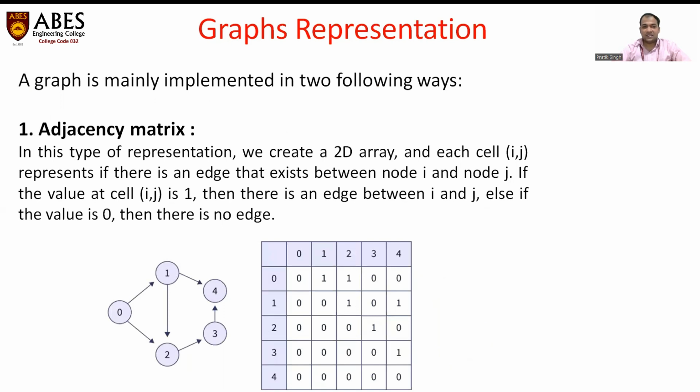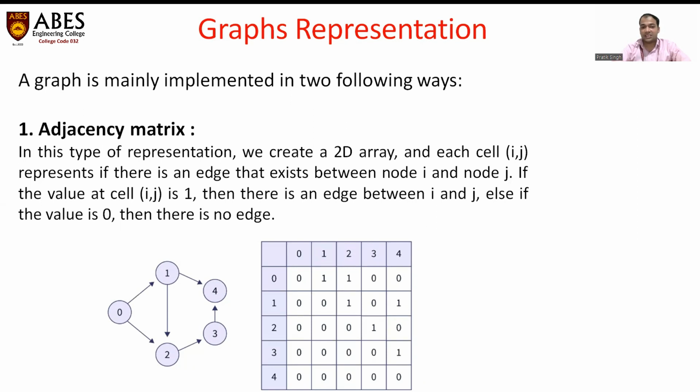A graph is mainly implemented in two ways, which is called graph representation. The first one is the adjacency matrix and the other one is the adjacency list. In the adjacency matrix, we create a two-dimensional array, and each cell i, j, where i is one node and j is another node, represents whether an edge exists between node i and j.